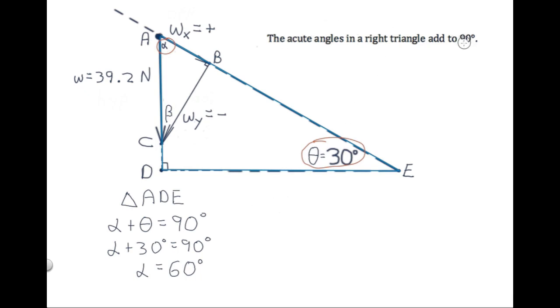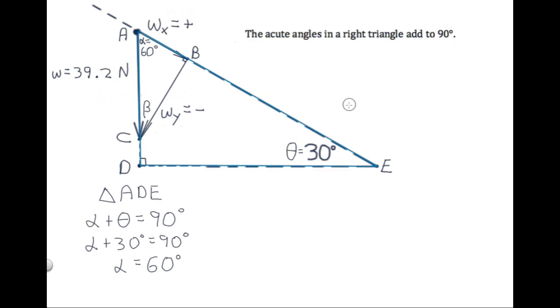This rule should make good sense to you because if the acute angles add up to 90 and then you add in the right angle, you'll get a total of 180 degrees. And we know that the total of all three angles in a right triangle should indeed be 180 degrees. So now we've figured out that this angle, alpha, is 60 degrees, and we should label that in our diagram.